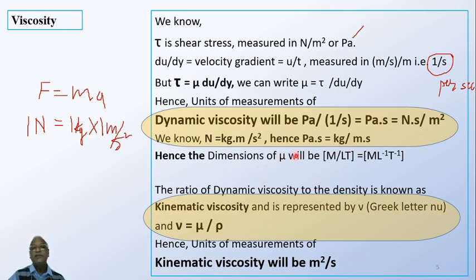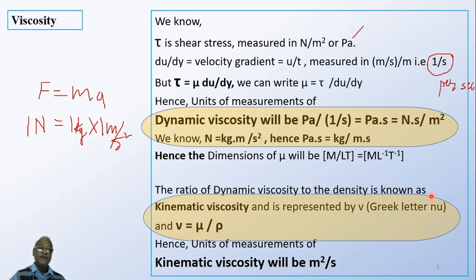Hence the dimensions of mu will be: kg is mass M, divided by length L and time T, so M by LT, or M L raised to minus 1 T raised to minus 1, would be the dimension of dynamic viscosity.